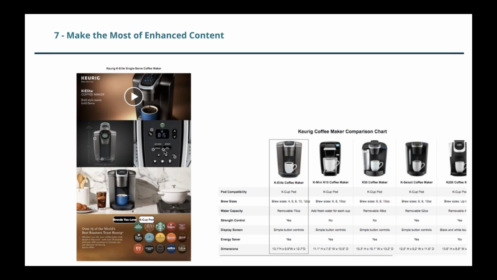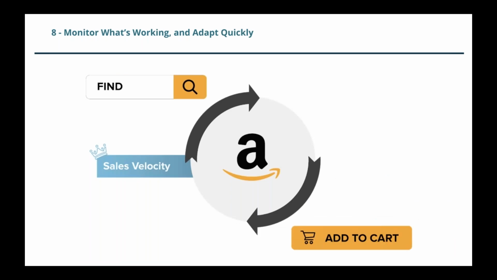So the hotspots, those rollover features, and the product comparison charts are very effective at driving a lift in conversion. Now, keep in mind that a lift to conversion is crucial to getting discovered.